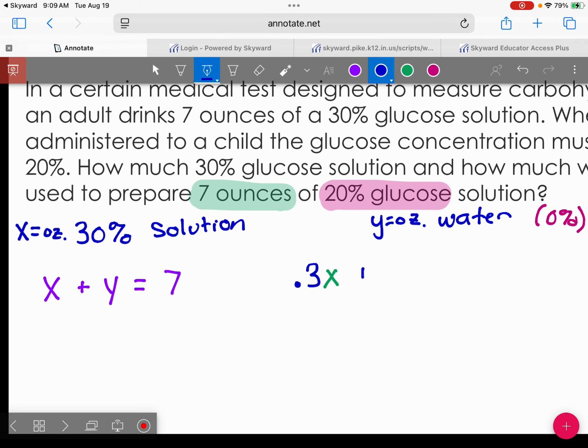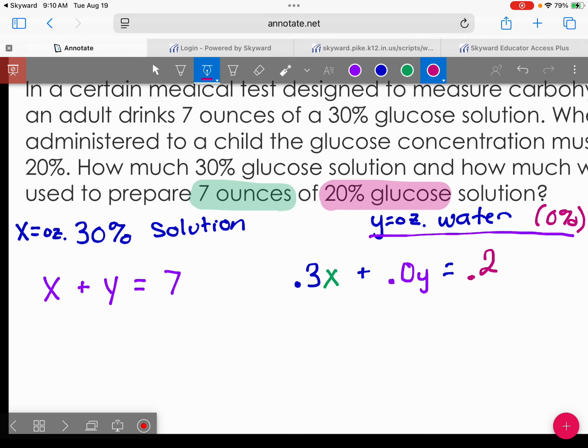And then we need to combine that with our water. So we're going to have our 0% solution, so you can do that as 0.0 times our Y. And we need to wind up with a 20% solution, so 0.2, and remember this is percent ounces.